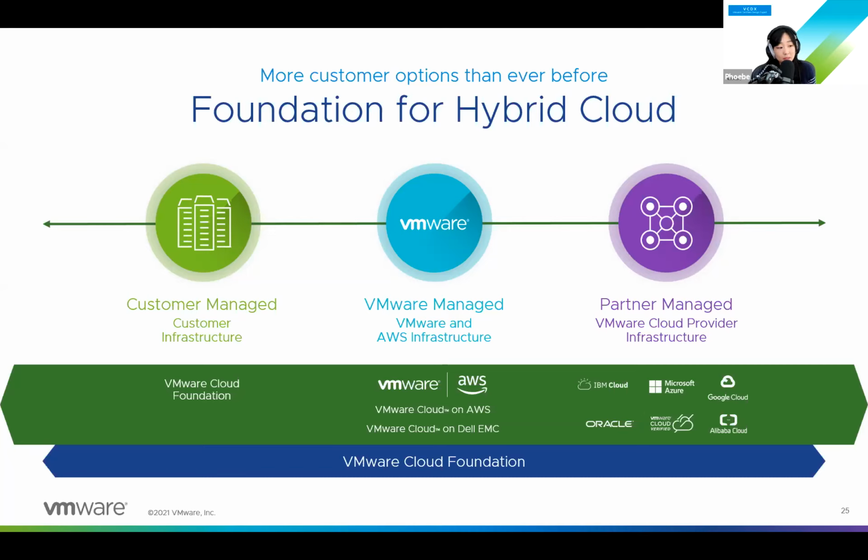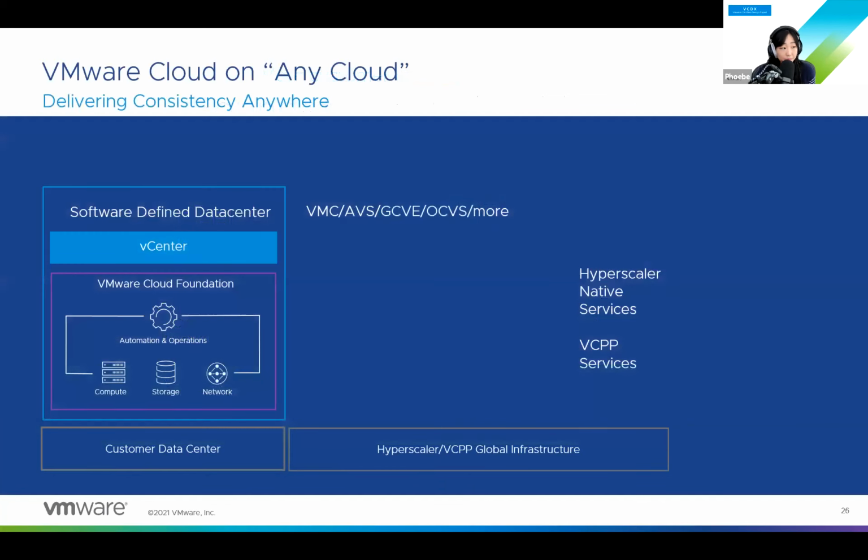We have listed here IBM Cloud, Microsoft Azure, Google Cloud, Oracle, and Alibaba Cloud. So essentially the infrastructure is managed by a different entity, but in the end, the software-defined data center on top of that remains the same, which provides that unified operating environment for the application developers.